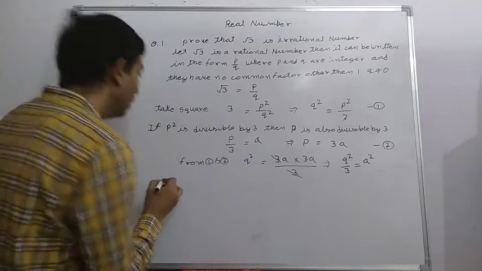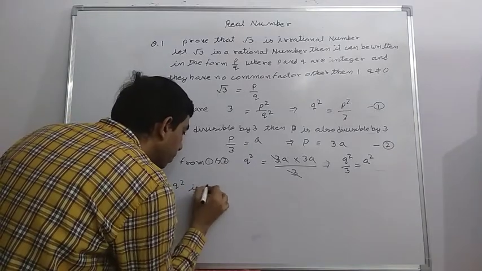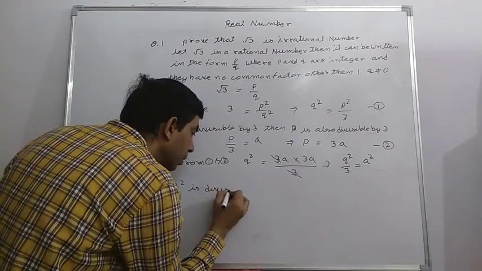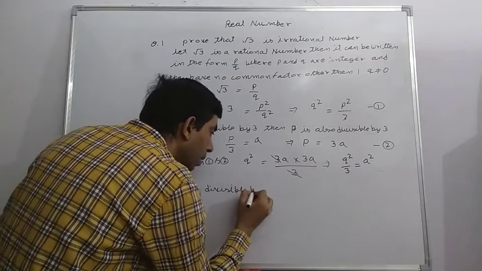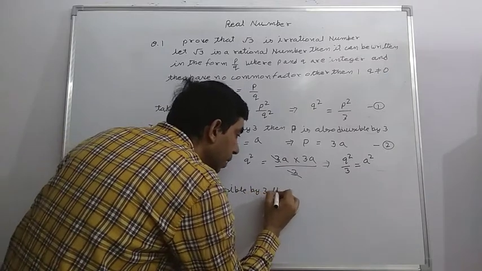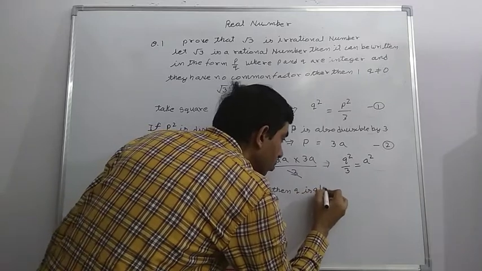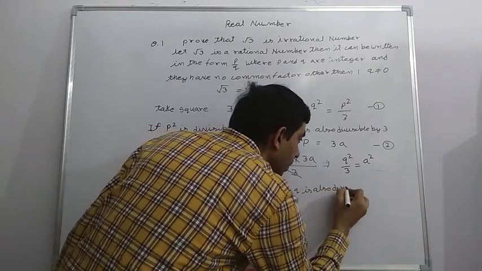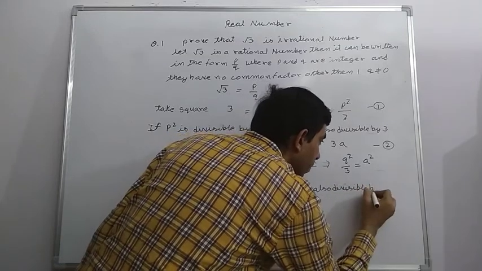By the previous method, if q square is divisible by 3, then q is also divisible by 3.